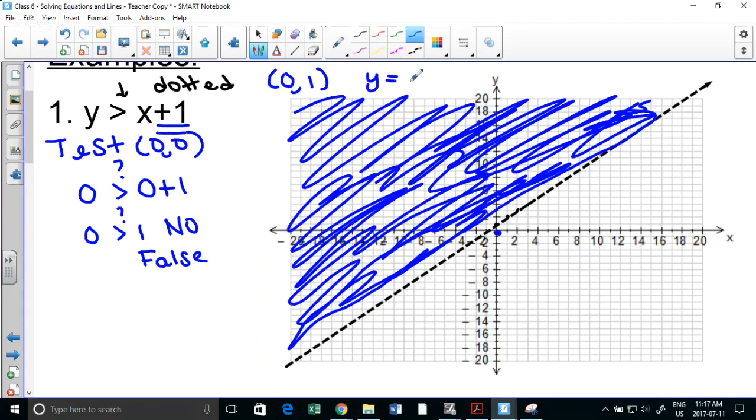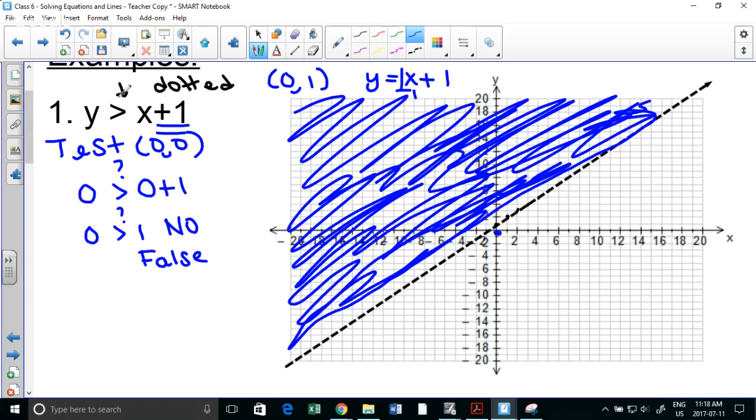Our slope is 1, which is rise over run. So I go up 1 over 1 to get from this point to this point. You just need 2 points, and then you just sketch through. However you find those 2 points is up to you. So that's one way with the slope and the y-intercept: putting your first point on the y-intercept and then going up 1 over 1, up 1 over 1.